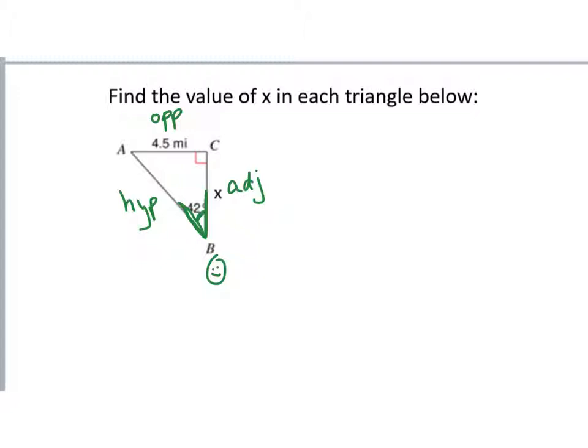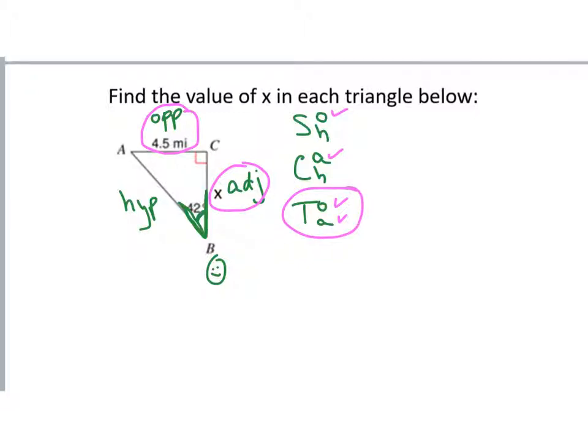Okay? And then I said the next thing that we do is we circle the one that we know and the one we want to find. And we compare that to SOH CAH TOA. So I circled opposite and I circled adjacent, so I can see I'm going to use tangent.